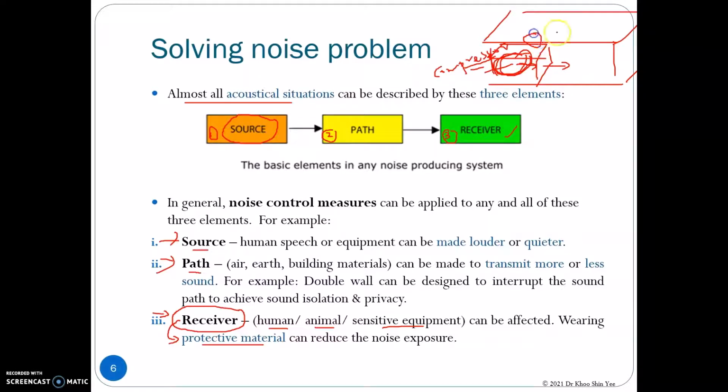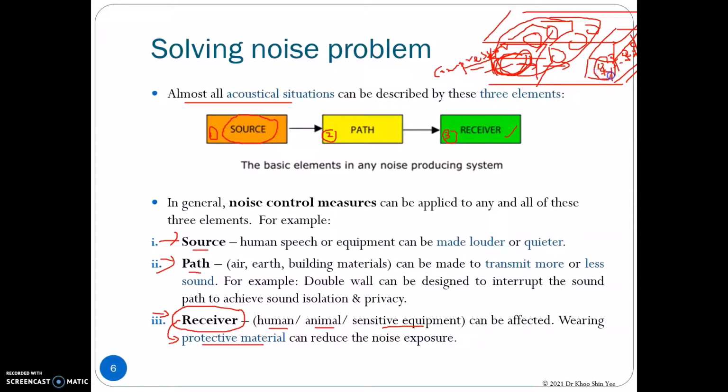However, if you have a lot of machines inside the workplace and you cannot afford to do the casing for all the equipment because this will be too high a cost, then instead of doing the casing for the machines, you can consider building a room with good sound absorption material where the receiver, in this case the worker, can work safely inside the office, unaffected by the machines that are operating outside.